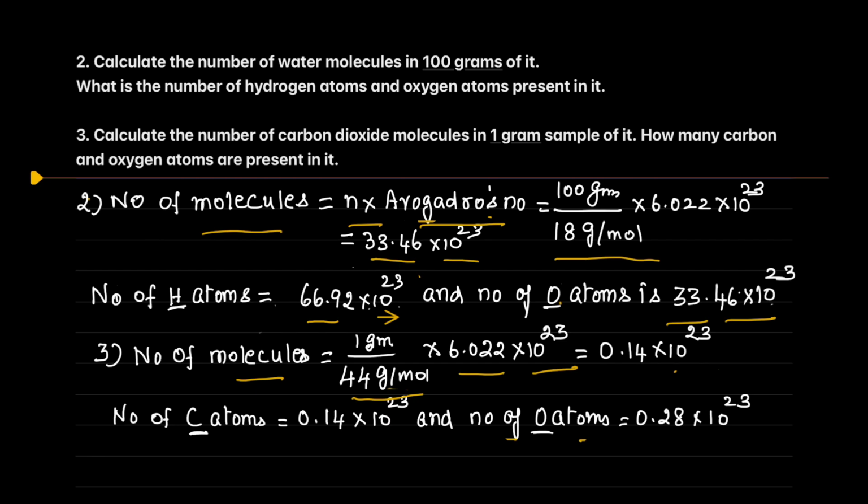The number of carbon dioxide molecules is equal to 0.14 into 10 raised to the power of 23. The number of carbon atoms is the same as that of the carbon dioxide molecules. It is 0.14 into 10 raised to the power of 23, whereas the number of oxygen atoms is twice the number of molecules of carbon dioxide. It comes to 0.28 into 10 raised to the power of 23.